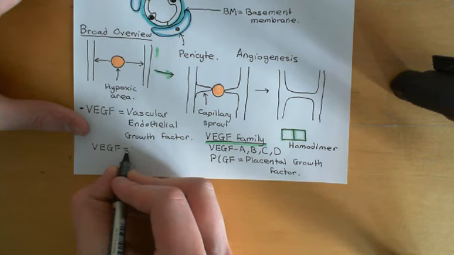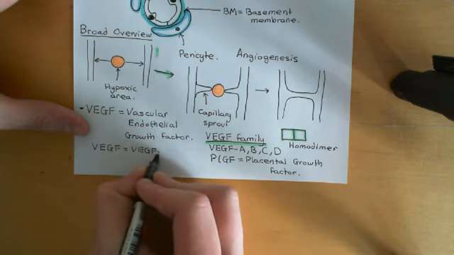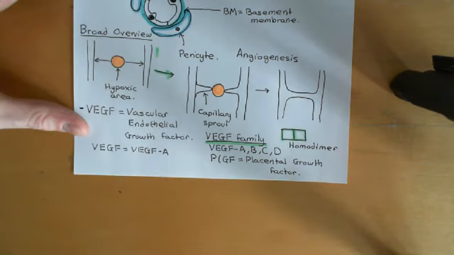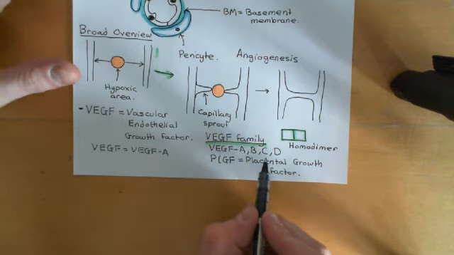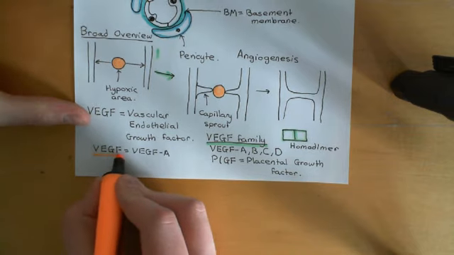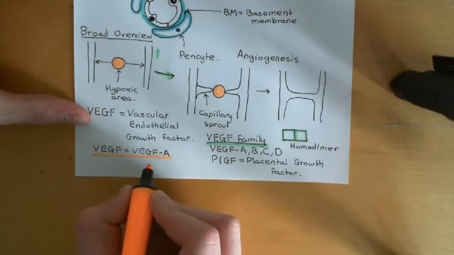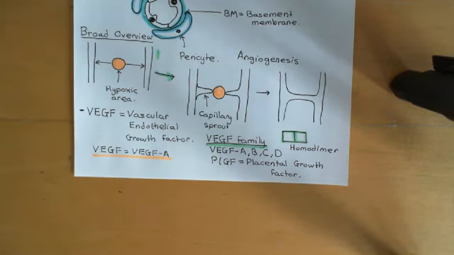They mean specifically vascular endothelial growth factor A. So if someone just says VEGF, without clarification as to which one they mean, it is vascular endothelial growth factor A. Vascular endothelial growth factor A is the most important one in angiogenesis. It's the main one that these hypoxic areas will be releasing, and it's the main one that forms their screens, basically.